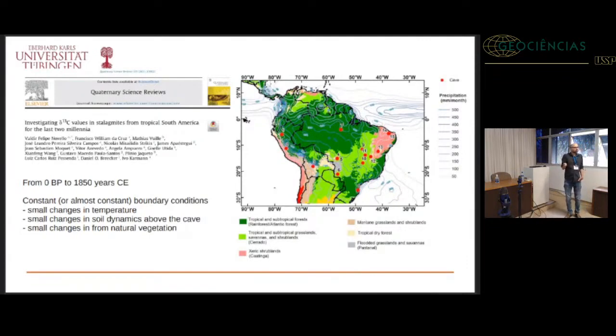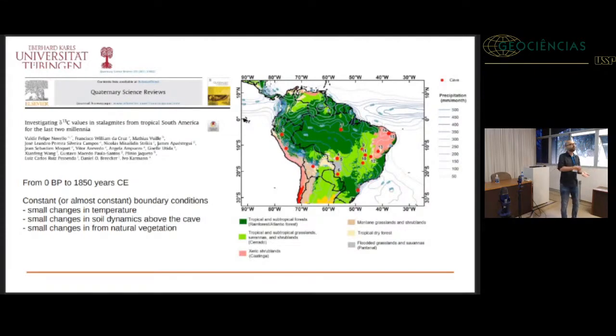When you look at those 2,000 years, the climate boundary conditions were pretty much the same. You don't expect big changes in temperature during 2,000 years here in the tropical region of South America. When I talk about 2,000 years, I'm focusing between the year 0 and the pre-industrial time. The amount of CO2 in the atmosphere was the same; we didn't have a big change in CO2 during this time period. The natural vegetation didn't change much.